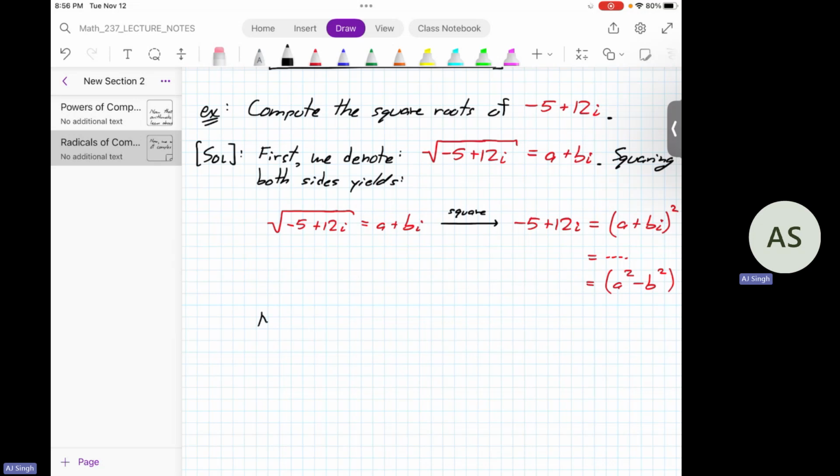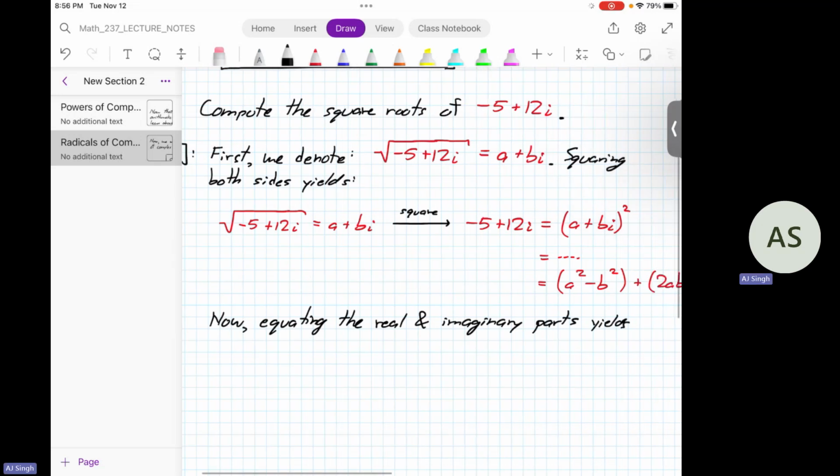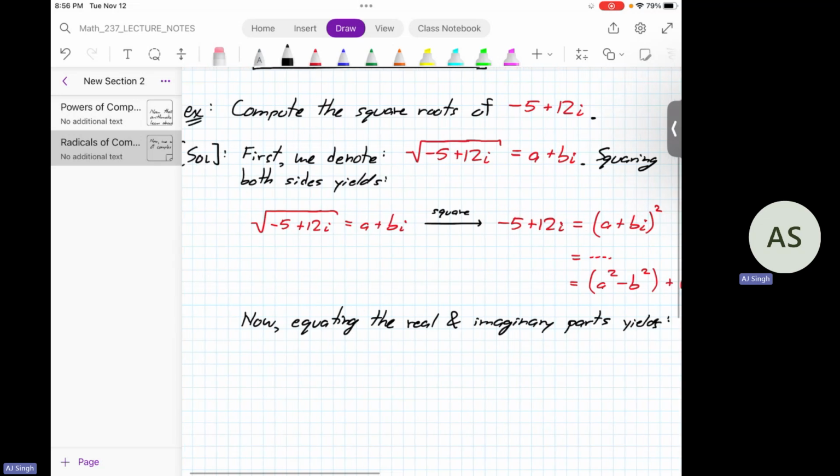So let me say now, equating the real and imaginary parts yields the system of equations a squared minus b squared should equal -5, and 2ab should equal 12.